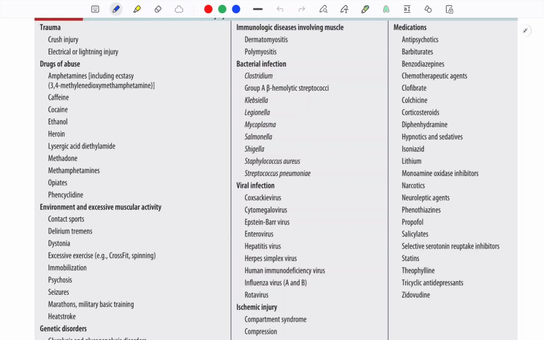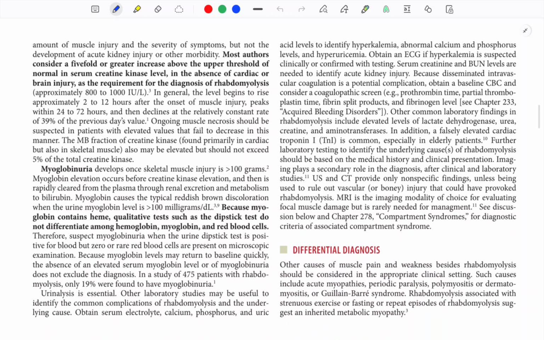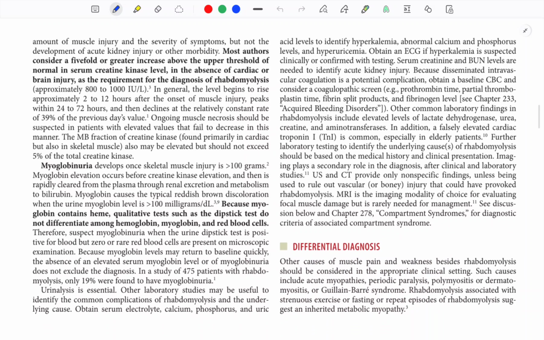Approximately 800 to 1000 units per liter of CK is required to call it significant, and for that much CKMB to rise, at least 100 grams of muscle should be lost. Myoglobinuria develops when skeletal muscle injury is more than 100 grams, and myoglobin is also a kind of hemoglobin.